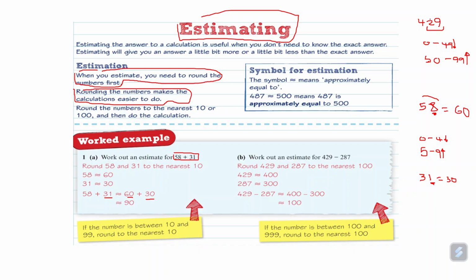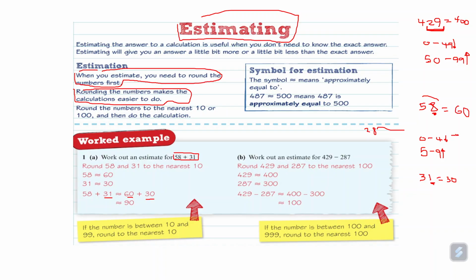In this case, 429, rounding to the nearest 100, the last two digits are below 50. It's between 0 to 49. So rounding 429 to the nearest 100 becomes 400, because the last two digits, by the right, are 29 and below 50. Same as 287.